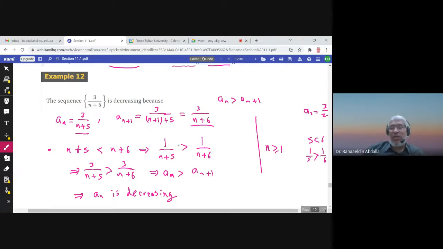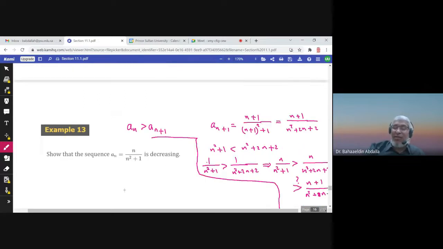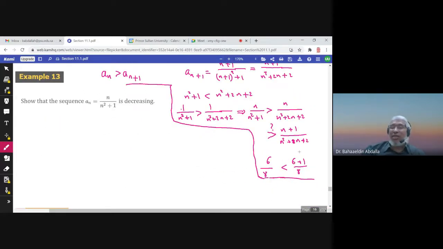It would be easy like what we did here. But if you have n in the numerator and in the denominator, it could be difficult, it could be not possible to use this method to show that the sequence is decreasing. So what to do? Do you have another method?